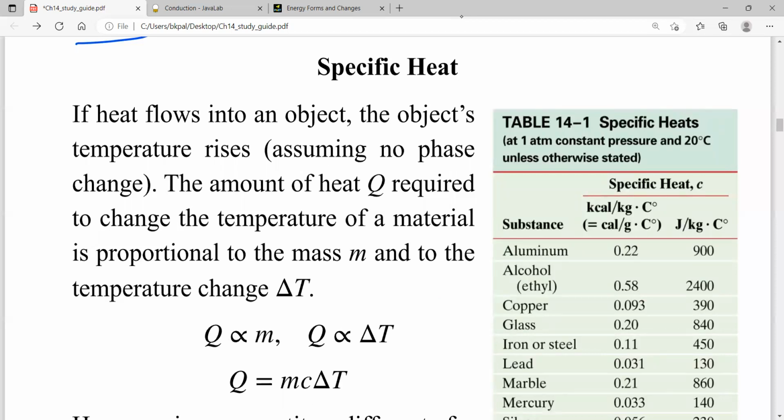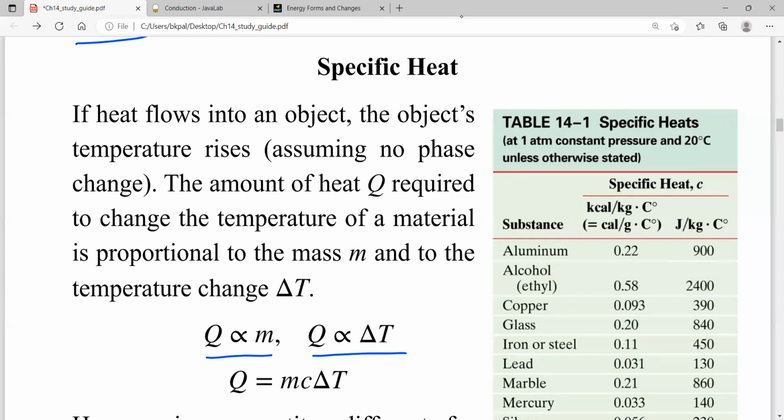Experimentally, we see that the amount of heat Q required to change the temperature of a material is proportional to the mass of the material and also proportional to the change in temperature. So the heat needed to increase the temperature of some object depends on two things.